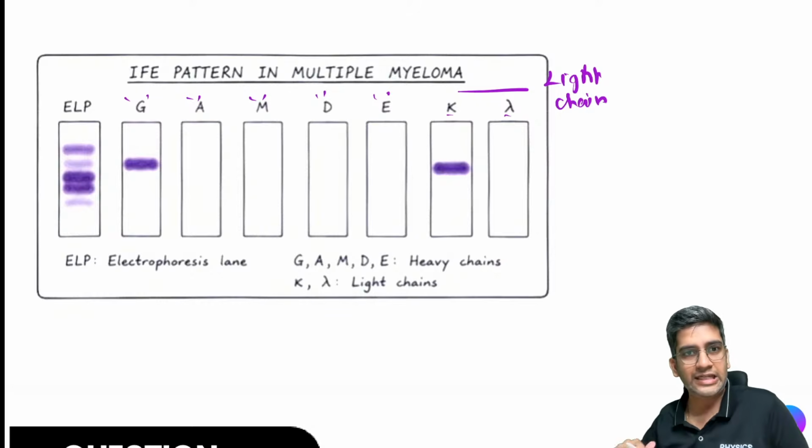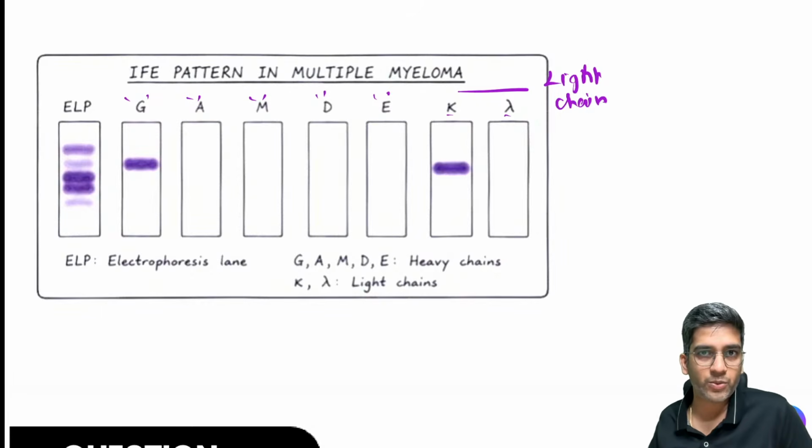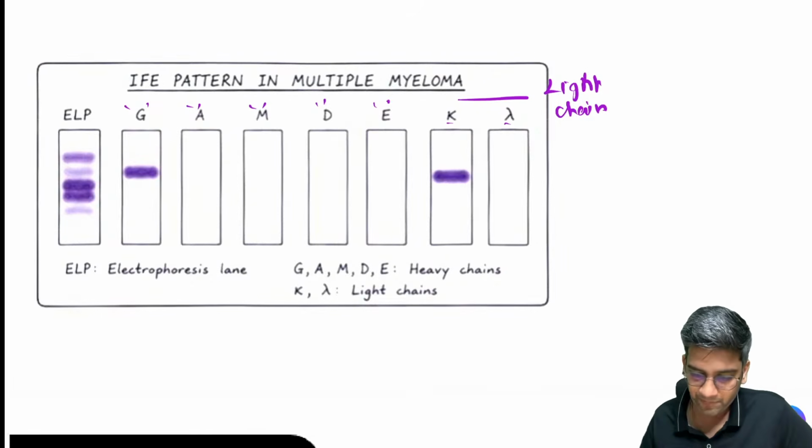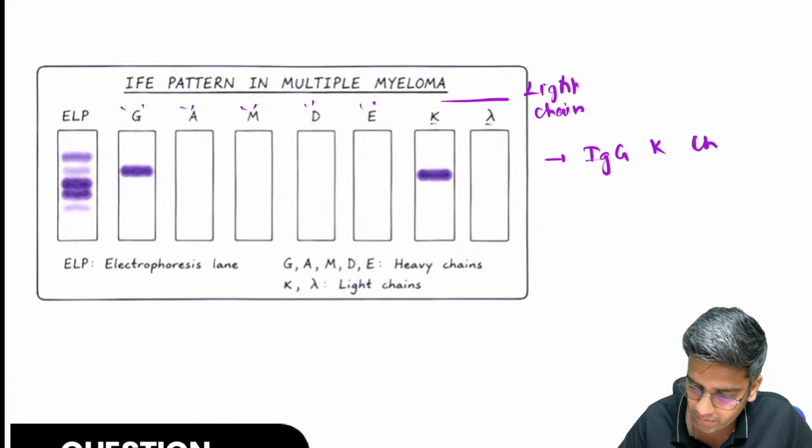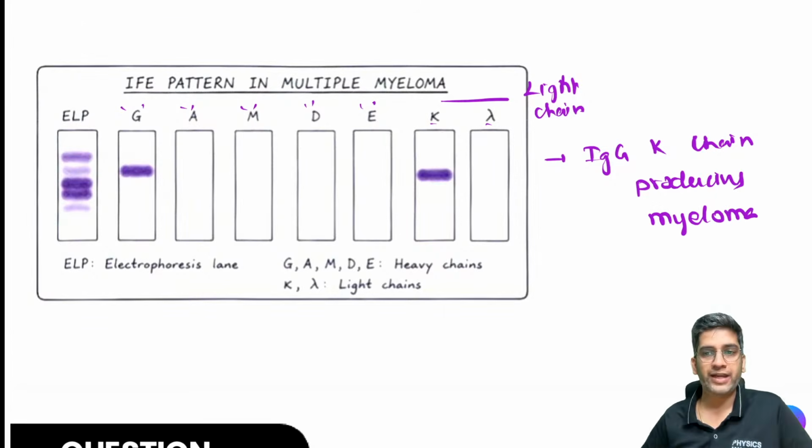Generally, it will be neoplastic only, but there's always a caveat there, right? So this says that this type of myeloma is IgG kappa chain producing myeloma. This myeloma will produce only IgG and only kappa chain. It will not produce anything else.